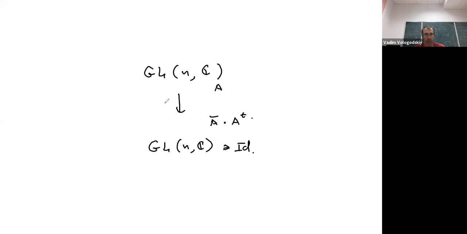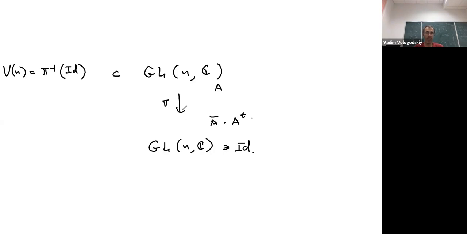So this is pi, and the unitary group U_N is pi inverse of the identity. So if we could prove that the differential of this map is surjective at any point of U_N, we would be done. But unfortunately, this is not true.